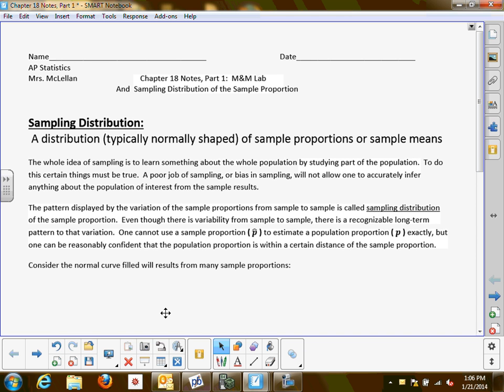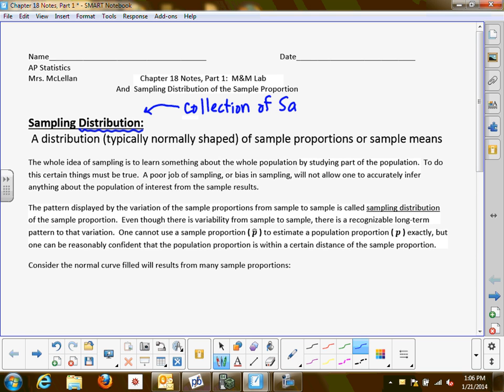First thing is this vocabulary, these words called sampling distribution. So the distribution of the sampling distribution basically means a collection of samples and how they are placed in relationship to each other, how they fall.